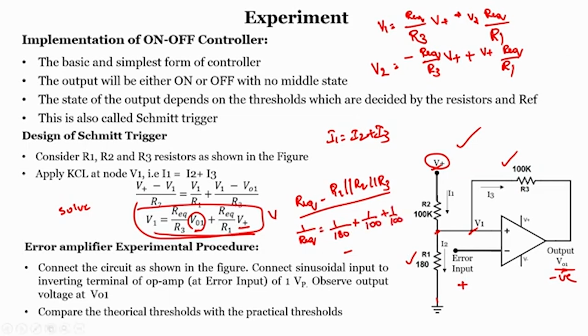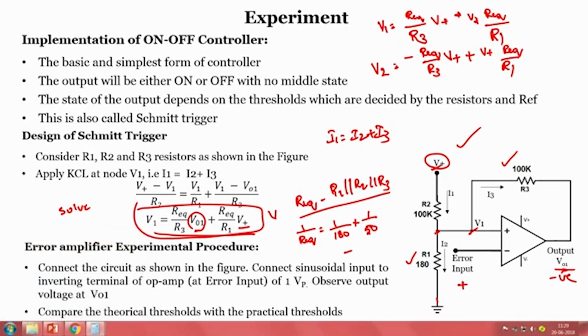First I will calculate for these two, R1 and R2, which will be 50 K. When resistors are the same and in parallel, it will be R by 2. So, it is 50 K. Now, 1 by 50 plus 1 by 180. Let me solve it.